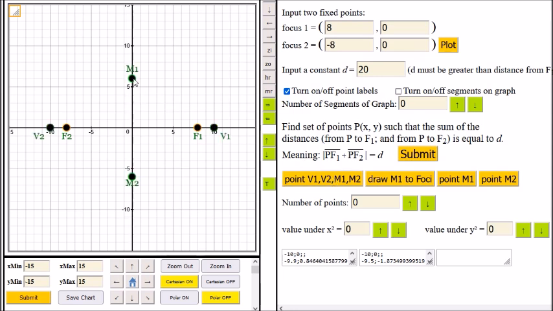This is M1. It's located at the point 0, 6. And I want to show that the distance from M1 to F2 plus the distance from M1 to F1 is equal to 20.